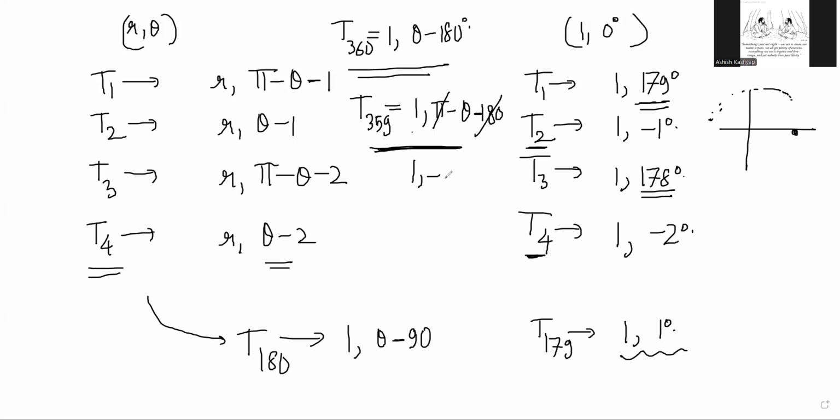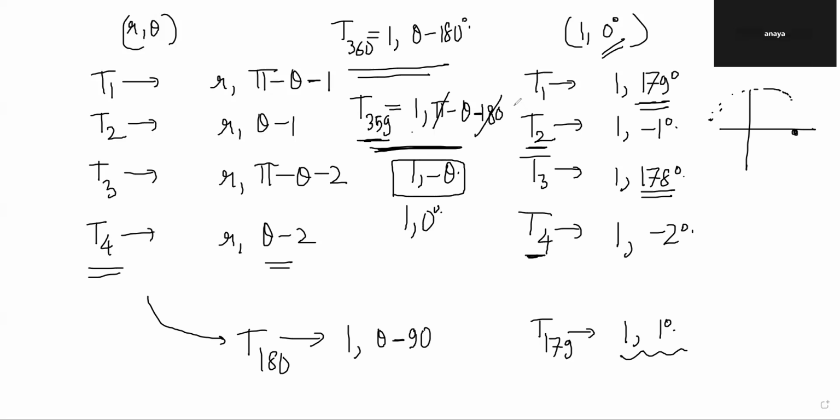Yep. Because initial theta was 0. So this is 1 comma 0, right? T359. Yeah. Do you understand what is the basic thing that is happening? Yeah, I understand. After that, you just have to keep repeating it and understand when you will get the 1 comma 0 again. Yeah. Answer is 359.